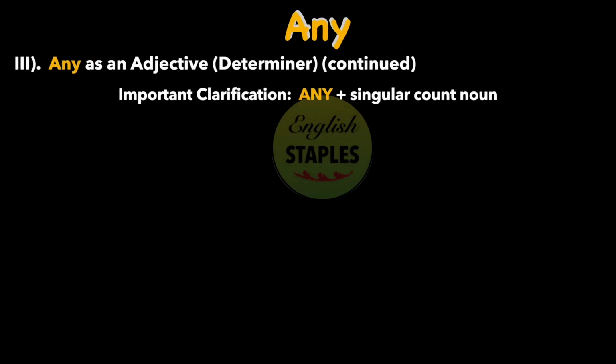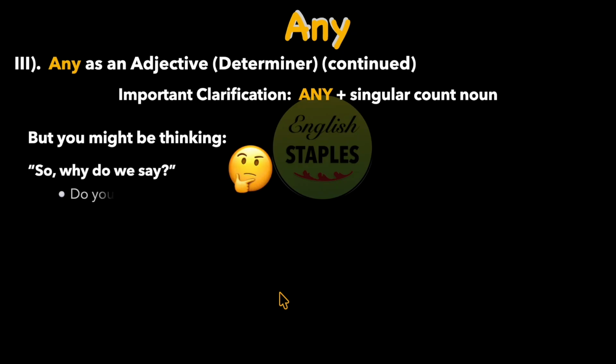Any as an adjective continues. Well, we're going to look at an important clarification here where we have any plus singular count noun. We just looked at any with a singular count noun. But you might be thinking, so why do we say, do you have any idea?